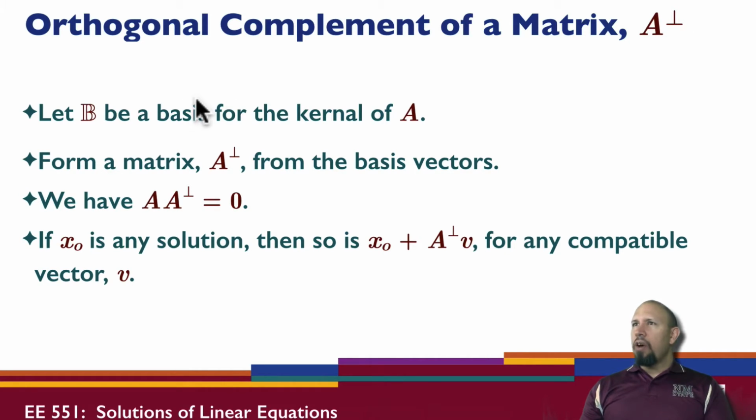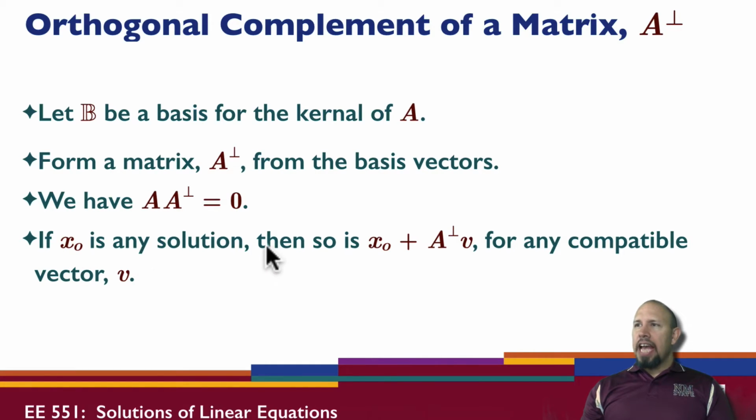Now, if we think of our subspace as the kernel of A, and let B be a basis for that kernel, that is, B is a set of linearly independent vectors that span the kernel of A, the null space of A, we now form from these basis vectors the matrix A perp, and so we have that A times A perp is equal to 0. That is, every column in here multiplied by A gives 0. Okay, so we have this.